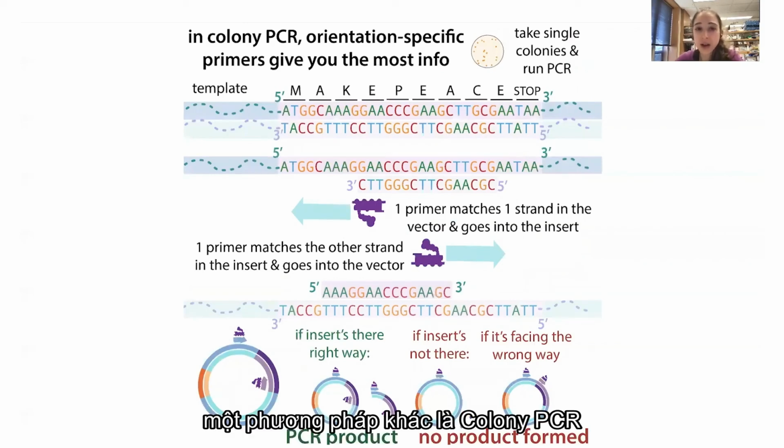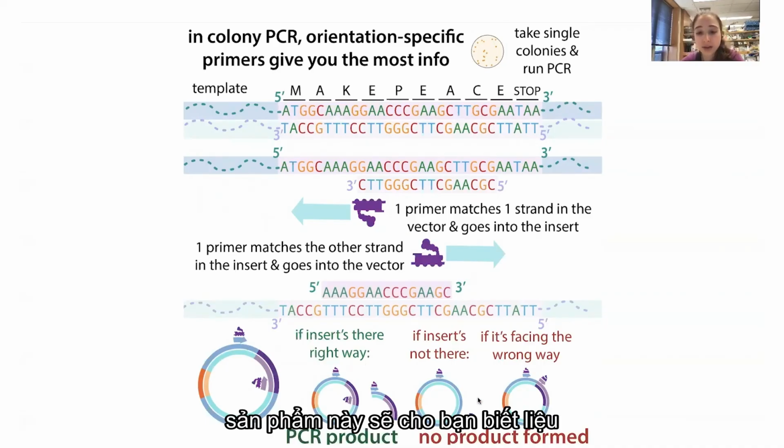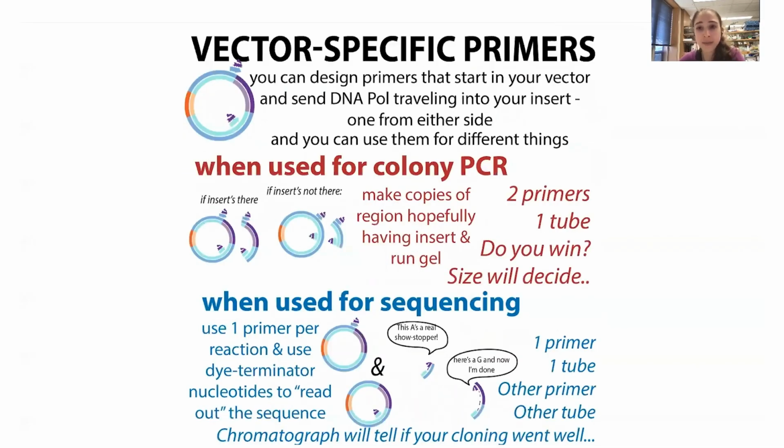Another method is colony PCR. Basically here you're going to design primers and use PCR to make products that are going to tell you whether or not the insert was in there, and then whether it's the correct size.